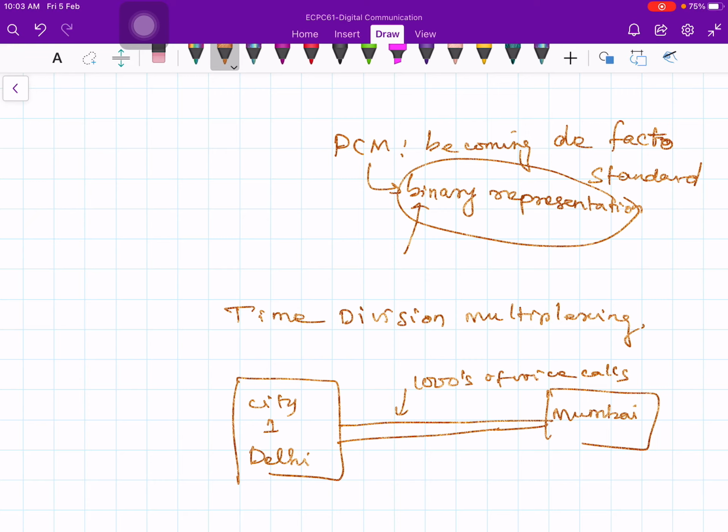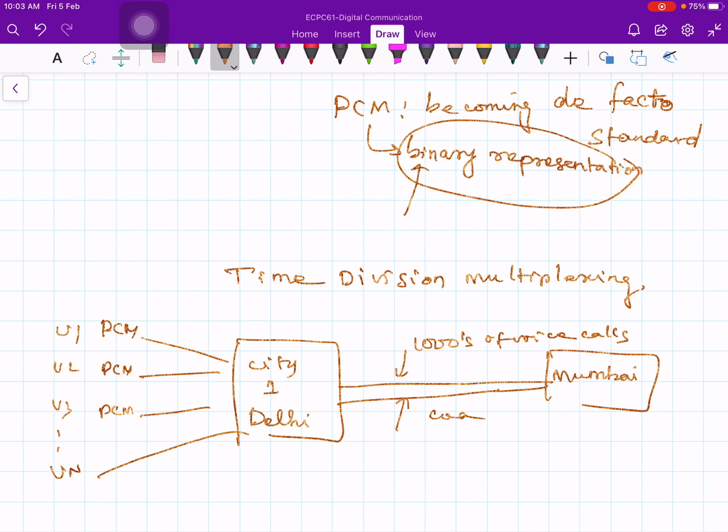So what I can do is, let's say user 1, user 2, user 3 up to user n, I can put a pulse code modulation system, and in different time slots I can transmit on the same resource. Maybe this is a coaxial cable or some other channel. That can be done with the help of pulse code modulation.